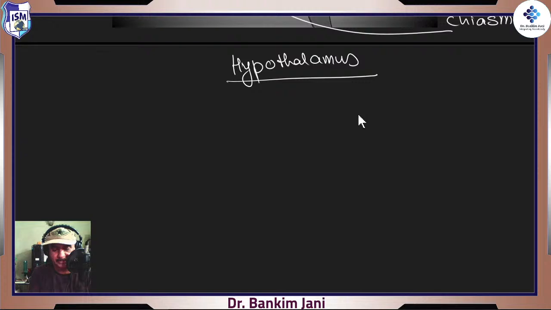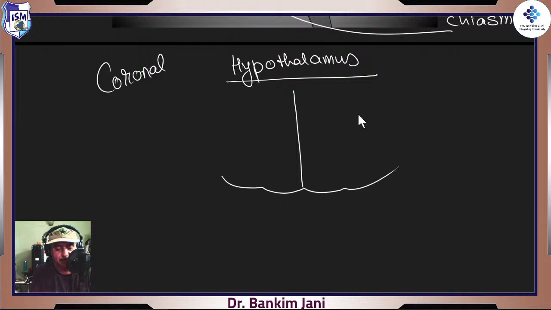Okay, so let's start with the parts of the hypothalamus in which we are interested, and this is where we'll be drawing it something like this, as if we are watching it in a coronal plane or coronal section. The section which is passing through the hypothalamus. Now, in this case, we are drawing it very schematically because we want to understand it.